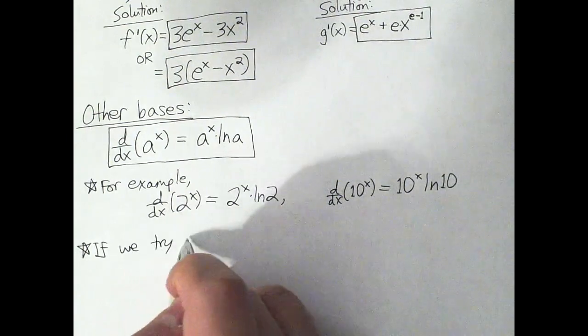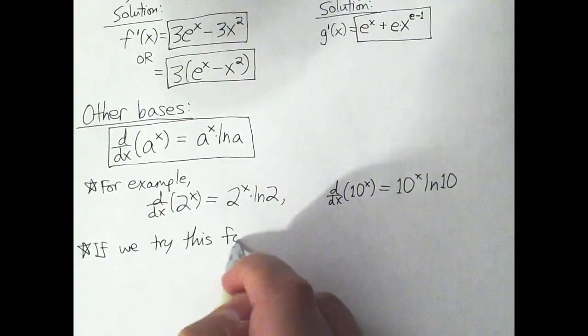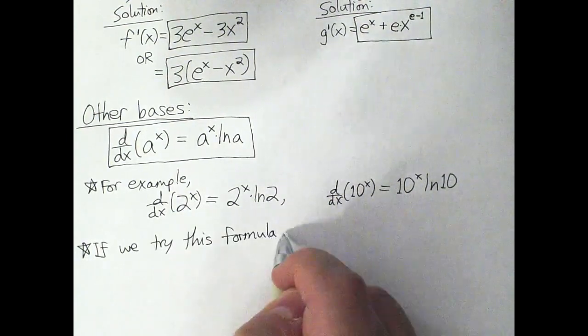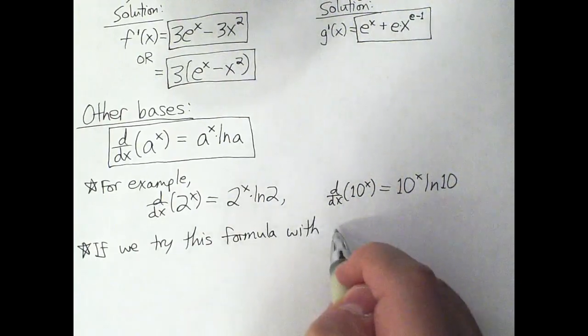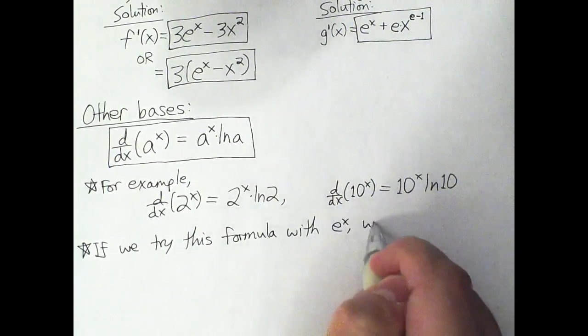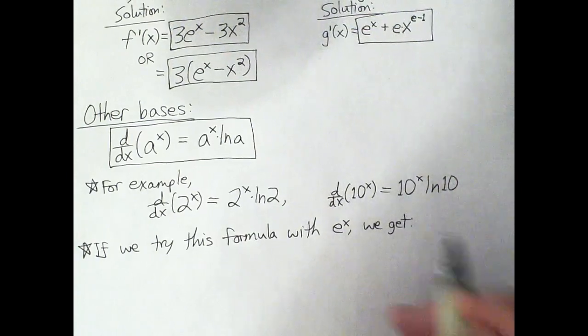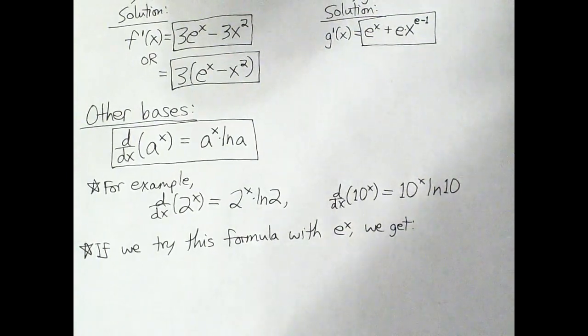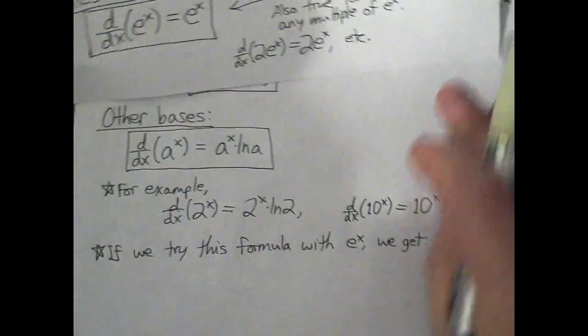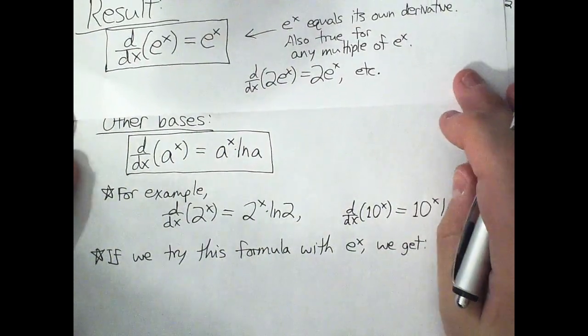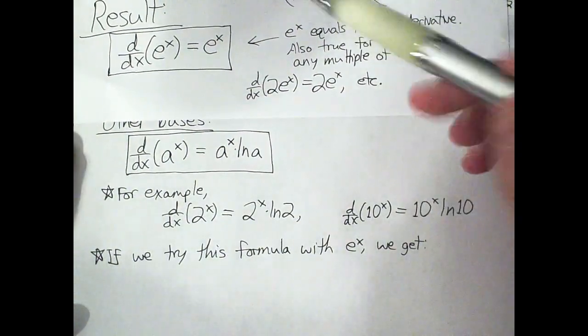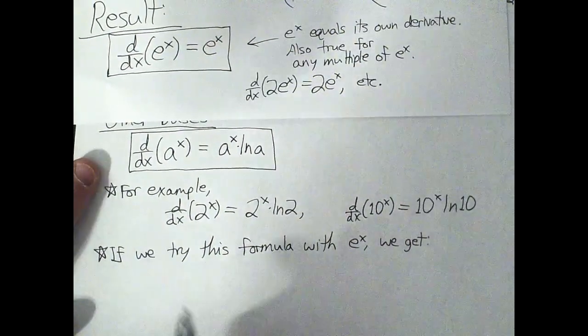What if we try this formula with e to the x? Now, let me be clear about what I'm about to do. We already have a formula for the derivative of e to the x, so I already know what it is.